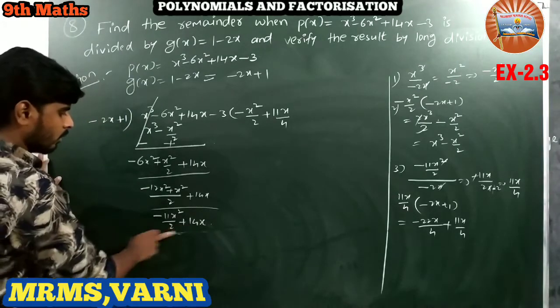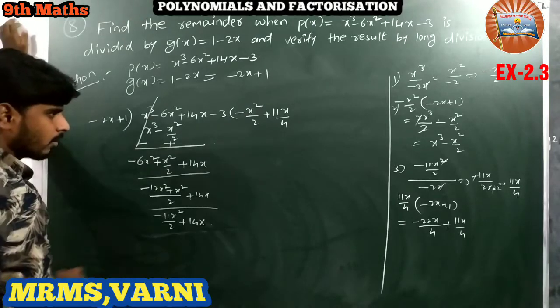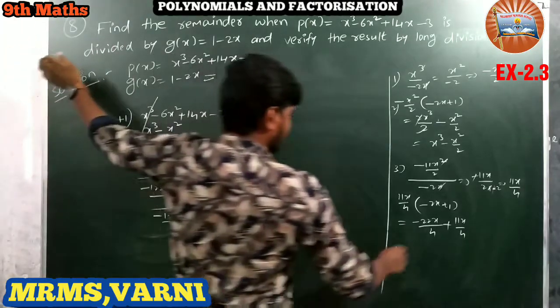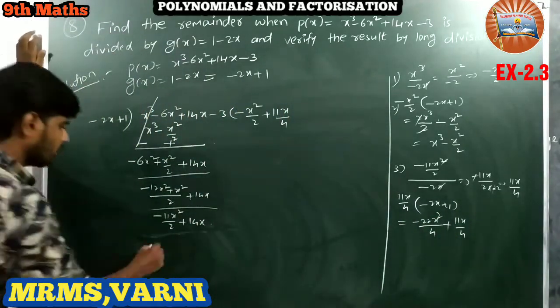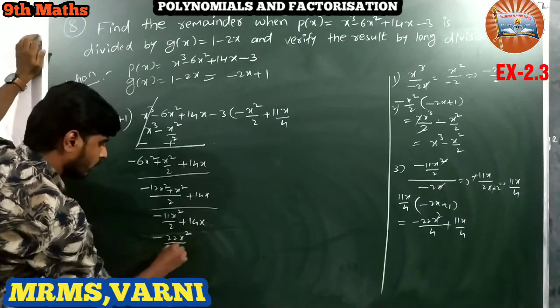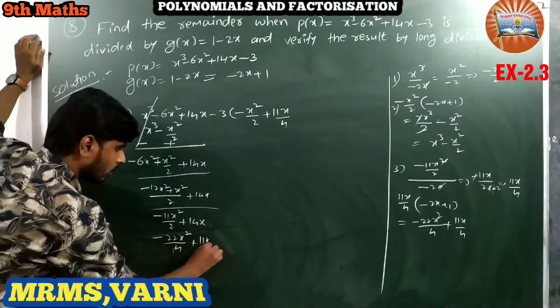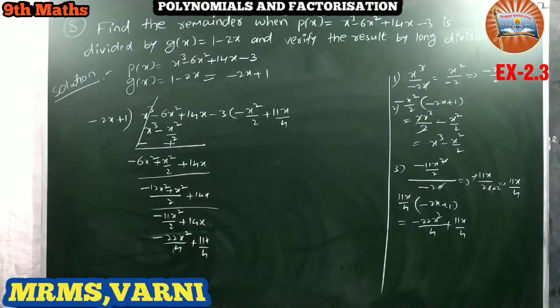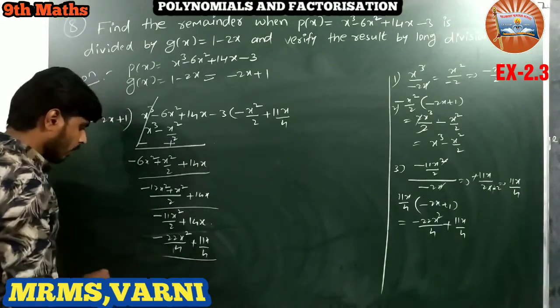What is the remaining? Minus 22x square by 4 plus 11x by 4. So this we have to simplify here, very carefully.